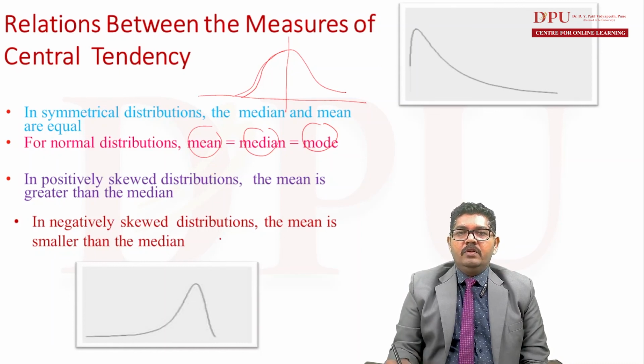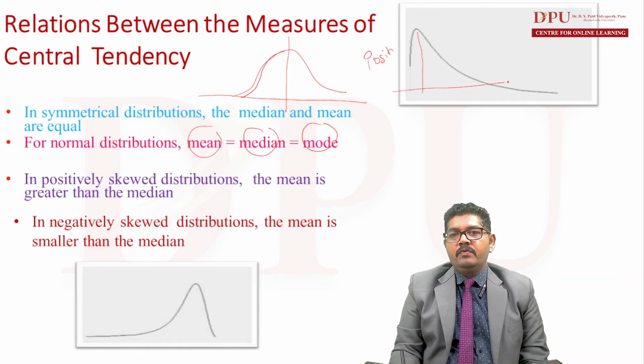Now this is a positively skewed distribution. So here this is the mode value, the highest frequency, right? This is the x-axis. So the median lies in between and there is the mean. So this is x bar, this is MO and this is MD. The x-axis can be considered as a number line where the larger values are on the right hand side and the values decrease on the left hand side.